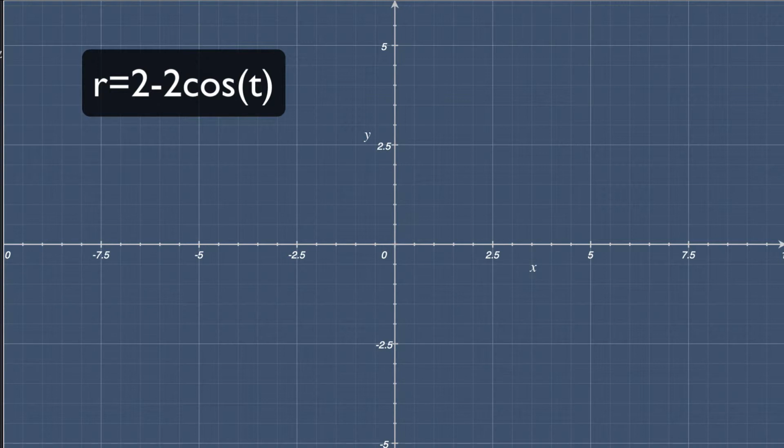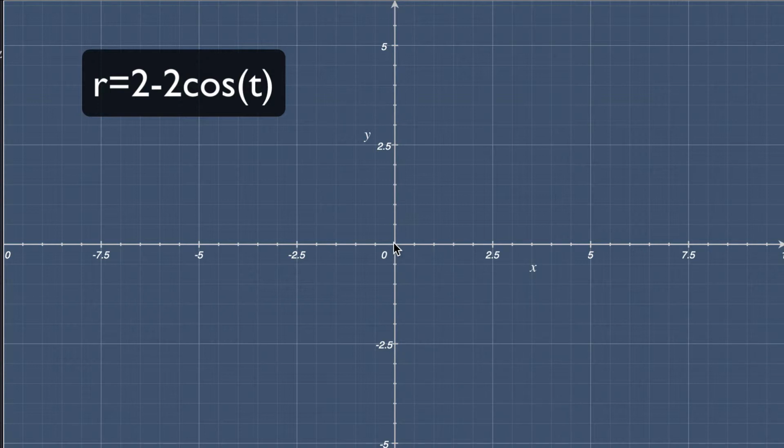We could have something similar, maybe r equals 2 minus 2 cosine theta. At theta equals 0, we would have r equals 0 because cosine would be 1, so 2 minus 2 would be 0. So r would be 0 at theta equals 0.